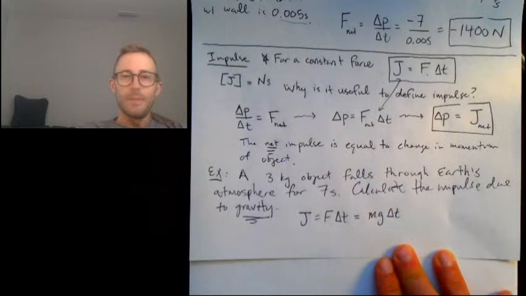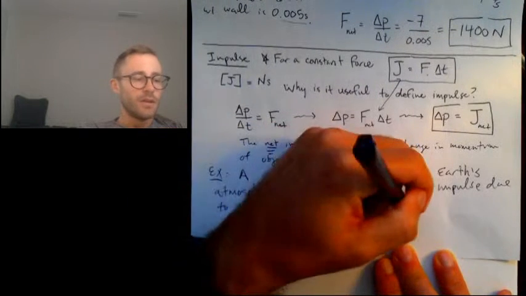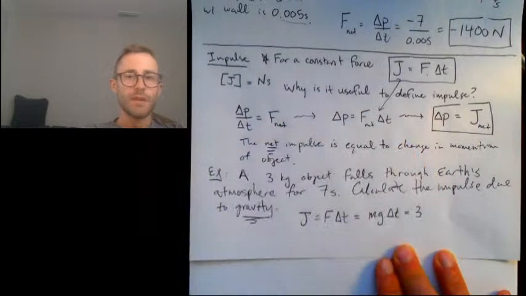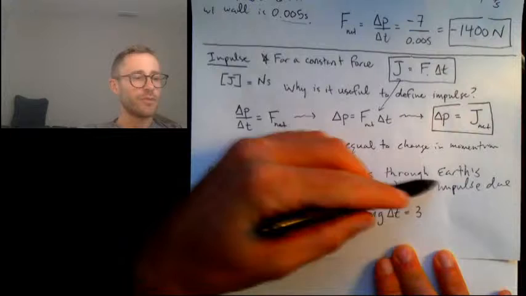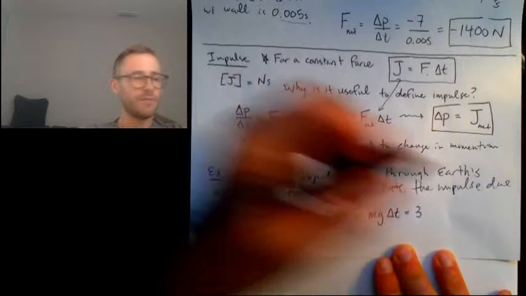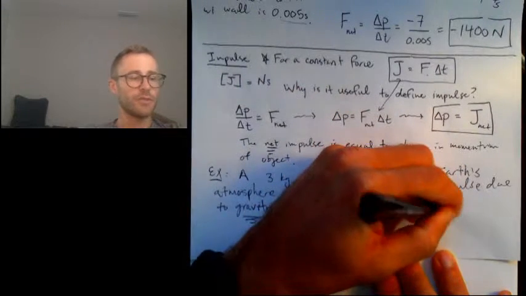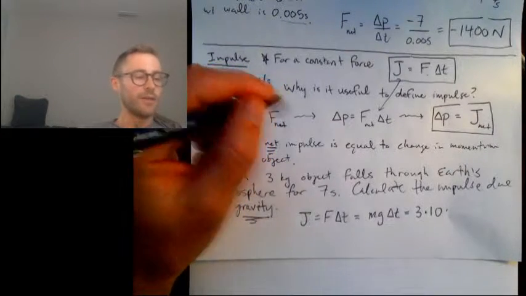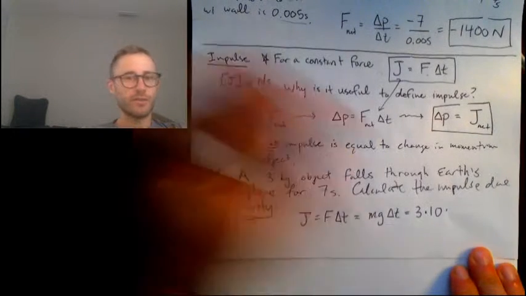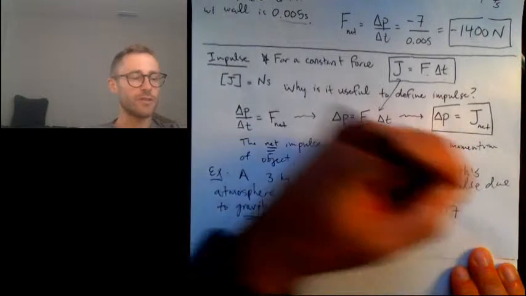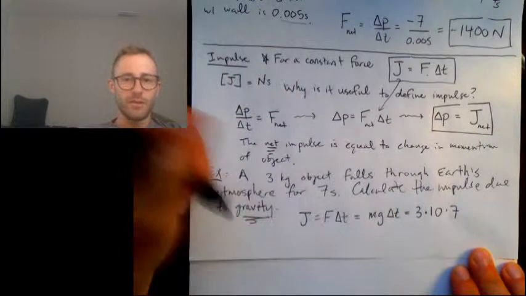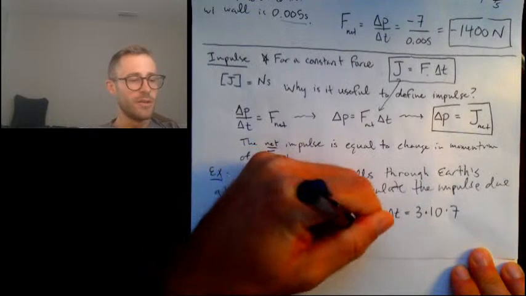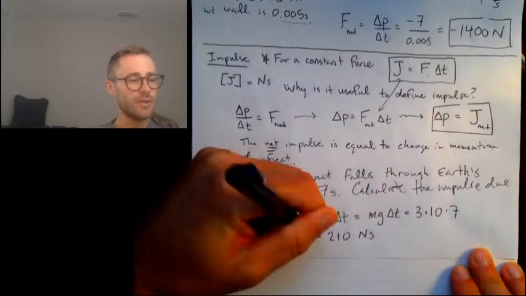It is a 3 kilogram object traveling through Earth's atmosphere, so g is approximately 10. And it's falling for 7 seconds, so the time elapsed is 7 seconds. Multiplying all that out, you can do that in your head. It's 210 Newton seconds is the impulse.